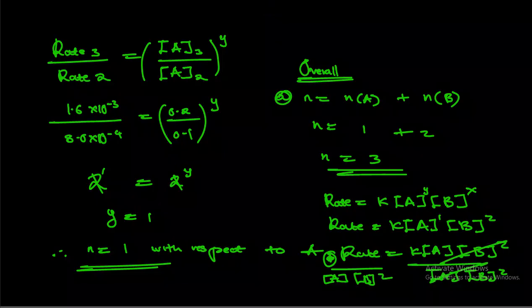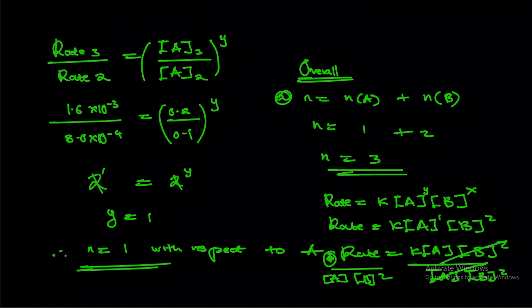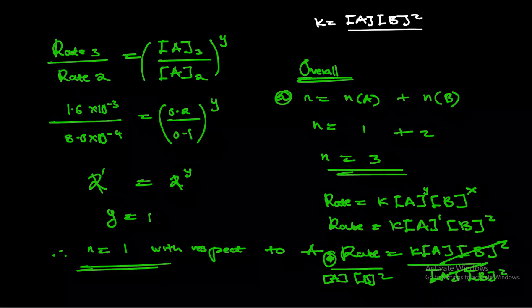So we're going to say the rate constant k is going to be equal to, on top we have the rate, then below A, then B squared.